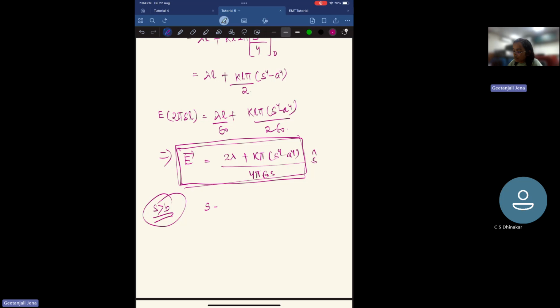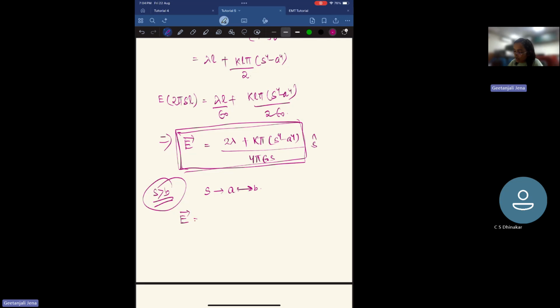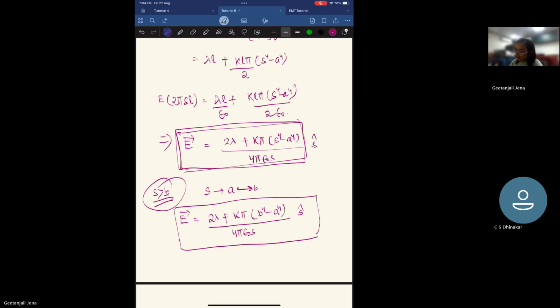So S will be from A to B. That is why the electric field will be 2 lambda plus K pi (B to the 4 minus A to the 4) divided by 4 pi epsilon naught S square. So is this clear? The solutions?